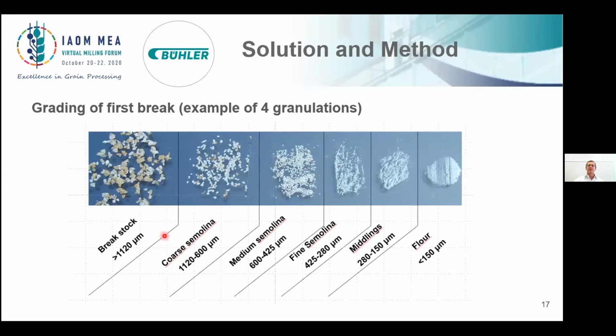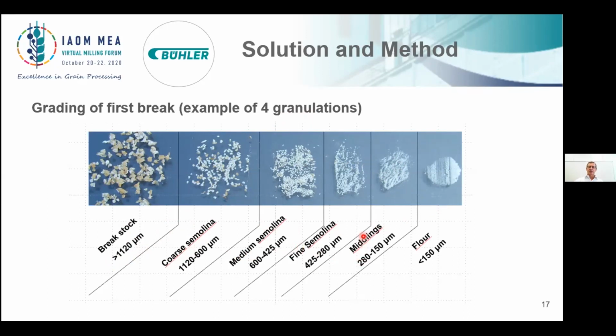If I say a 4 granulation flow sheet, these are the ranges of semolina and middlings below the break stock, 1120, and above the flour. So in this case, we have 1, 2, 3, 4 granulations, from the coarse semolina to the medium semolina to the fine semolina and the middlings.